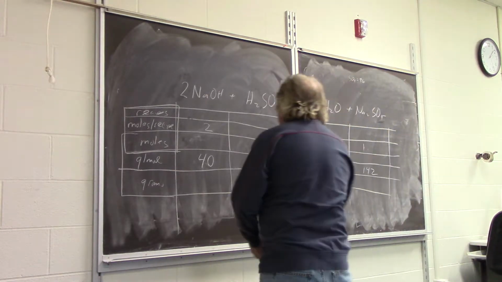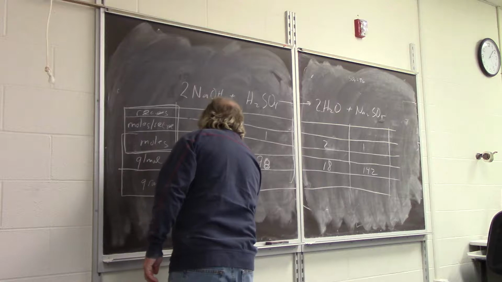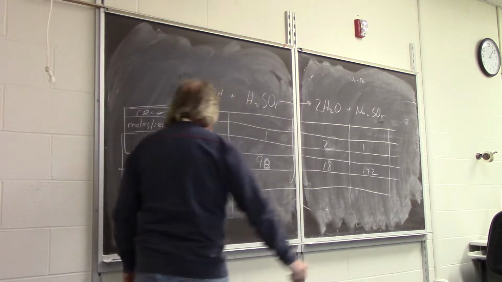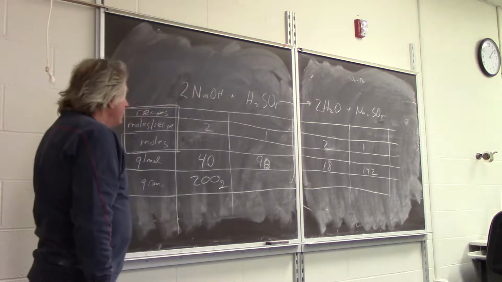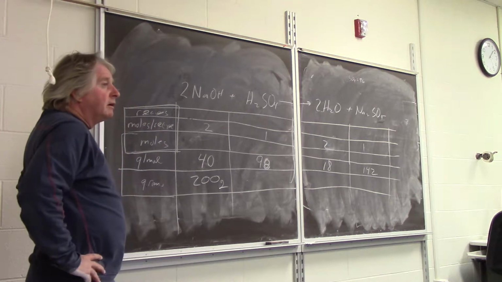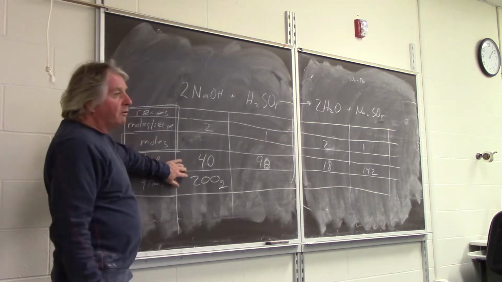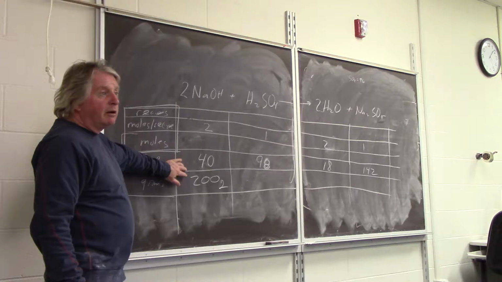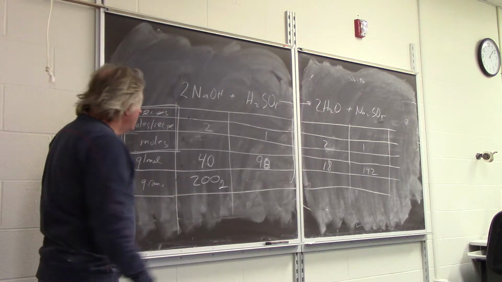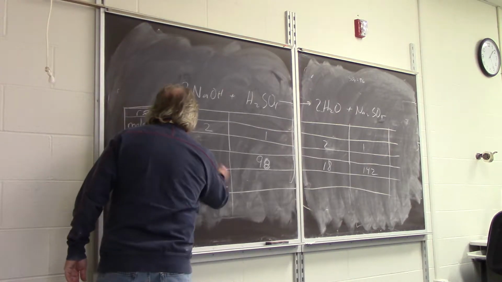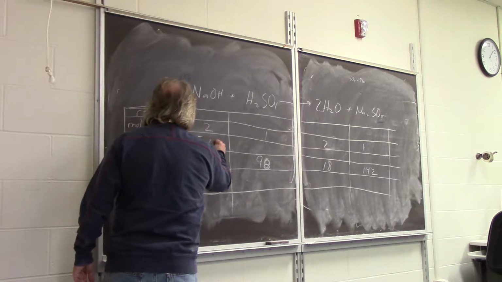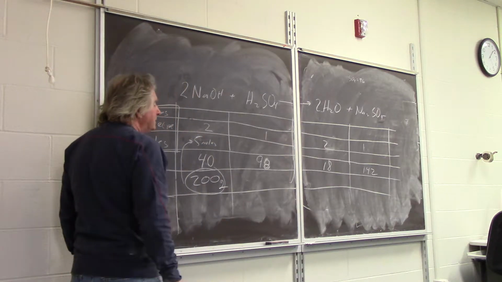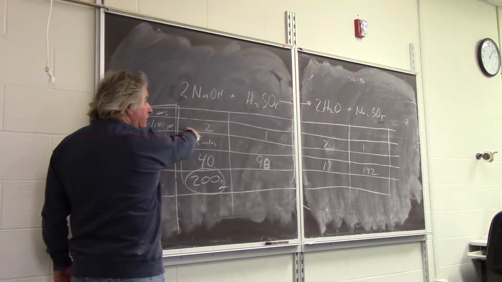So I have 200 grams. Each mole is 40, so I'm going to divide 200 grams up by groups of 40. I'm going to end up getting 5 moles. Each time I do the recipe, I need 2.